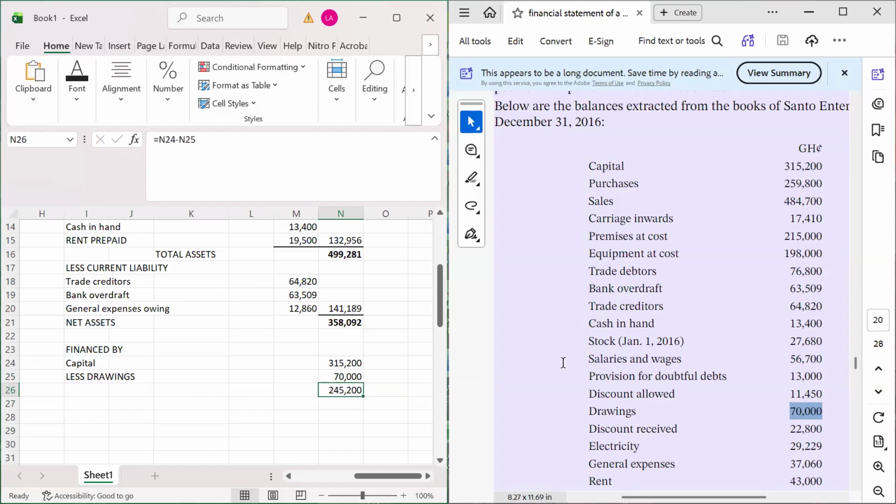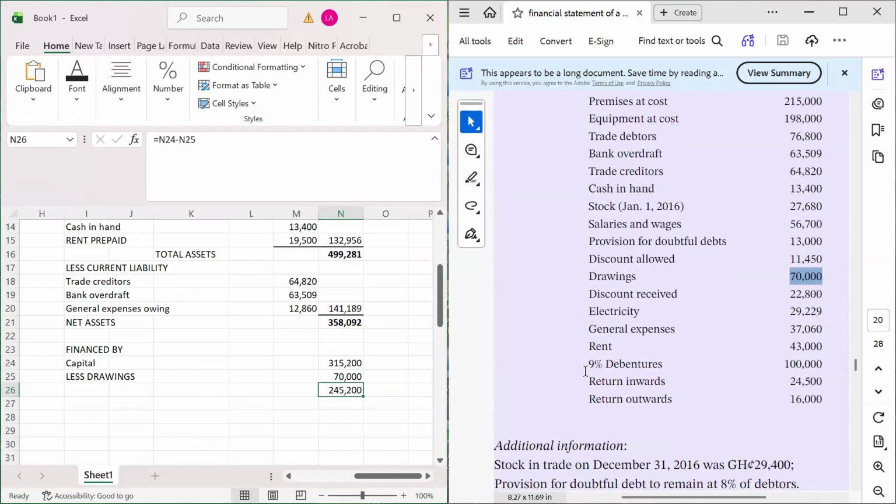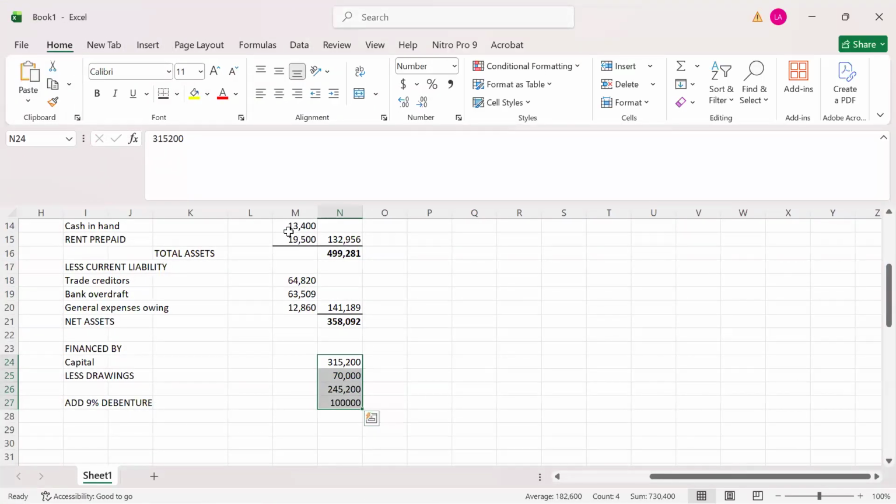And we were also told that there is also a debenture. Debenture is a form of capital. So you add debenture. The name is 9% debenture. How much is it? 100,000. Are we following? Yes, sir.